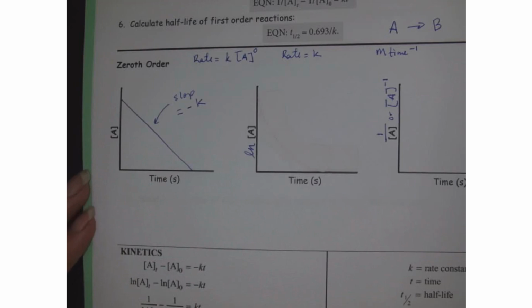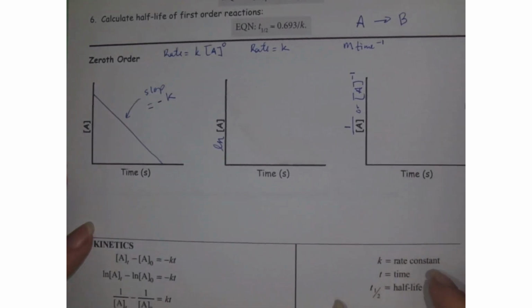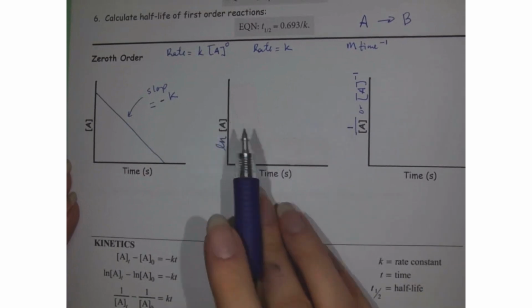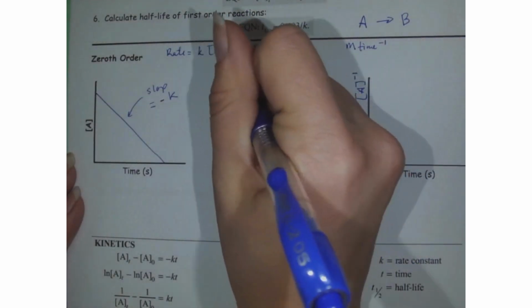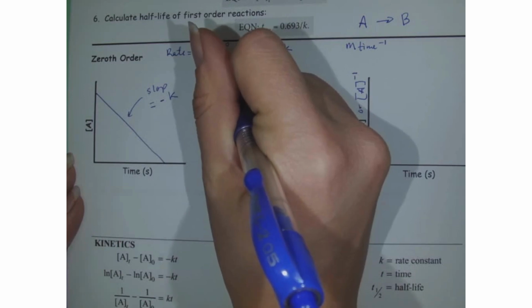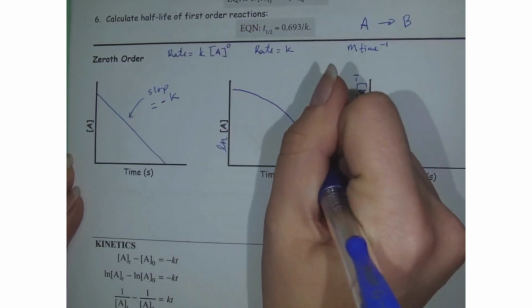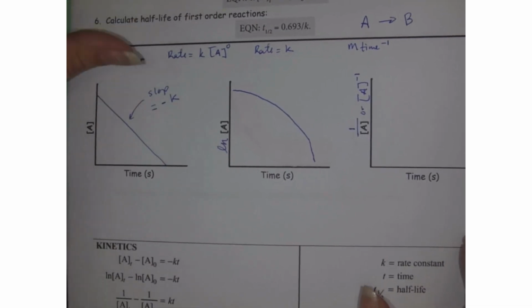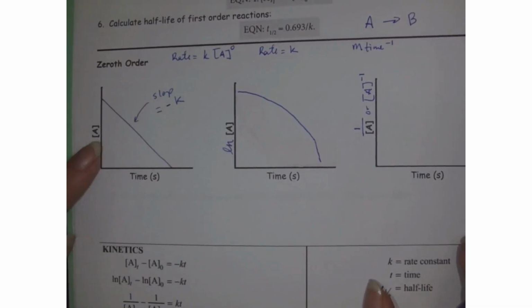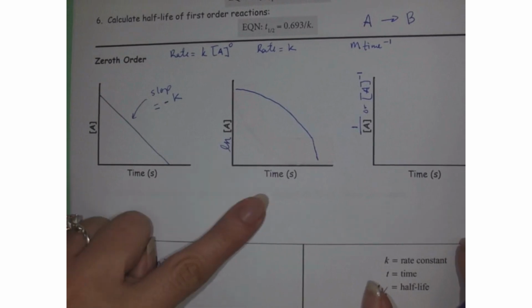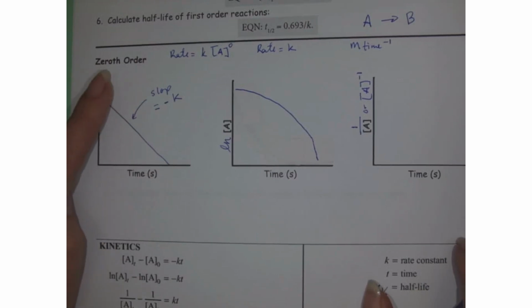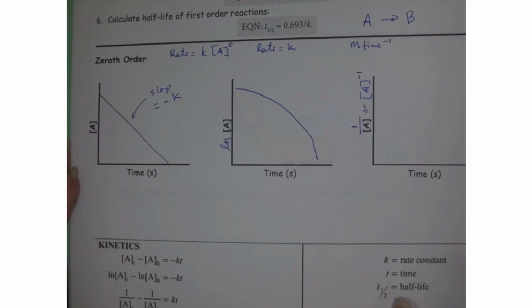Now, if it is a zero order reaction and we graph the natural log of the concentration, we actually get a curve instead of a linear graph. We get something that looks somewhat like that. So it's going to curve. So if it doesn't say zero order and it shows you a concentration versus time graph and a natural log versus time graph, and it is linear for concentration versus time, that's how you know it's a zero order reaction.